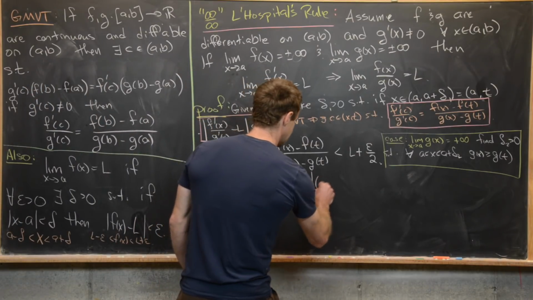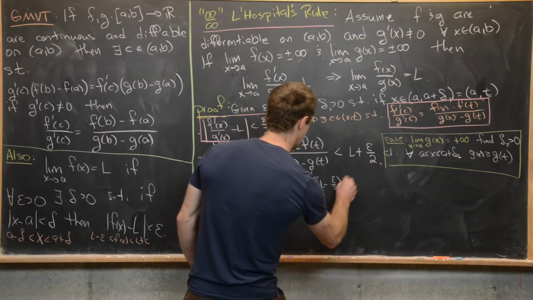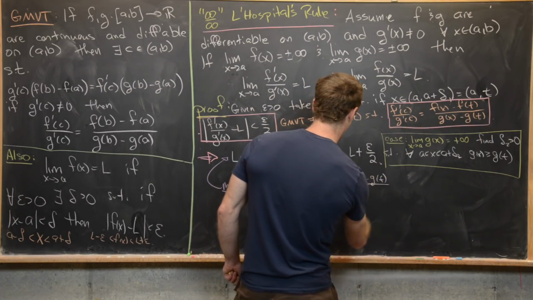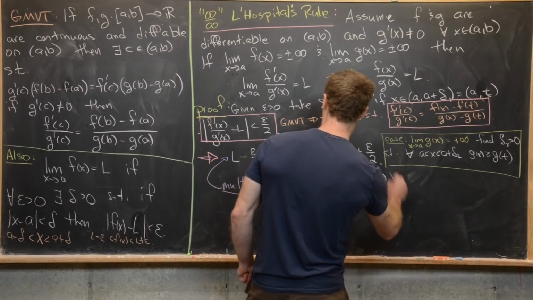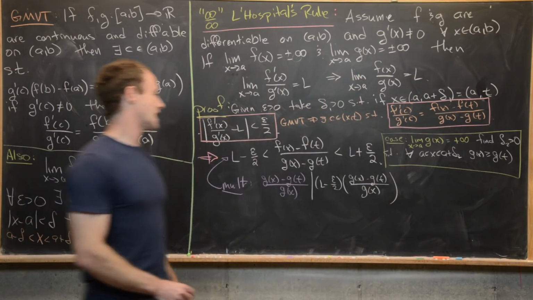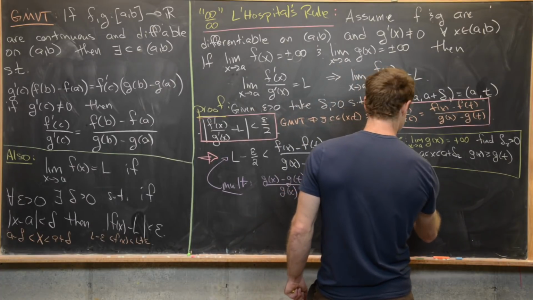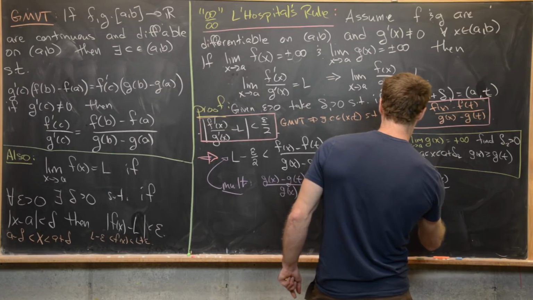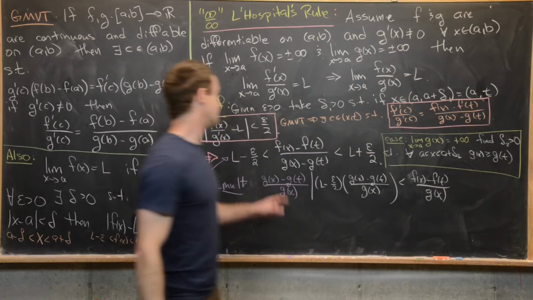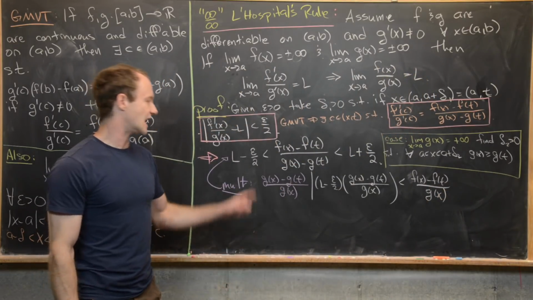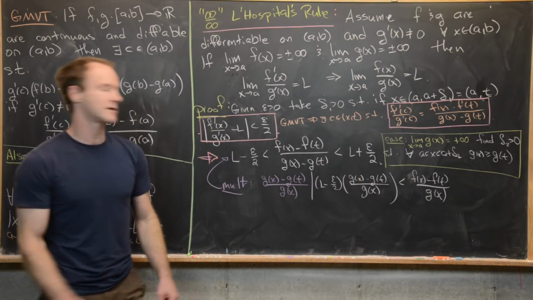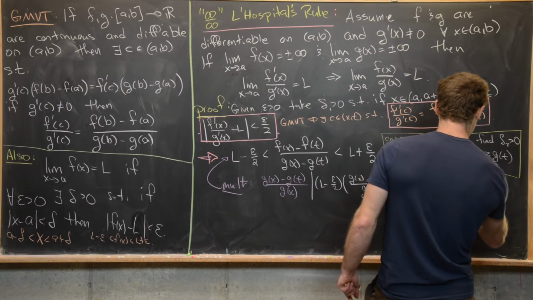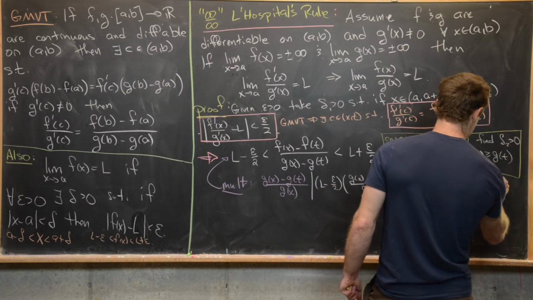So that's going to give us L minus epsilon over 2 times g of x minus g of t all over g of x. And then let's see what we have here. That's going to be less than, well, in the middle is f of x minus f of t all over g of x. So notice this g of x minus g of t got canceled with the thing that's in the numerator. And then over here, we have L plus epsilon over 2 times the same thing.